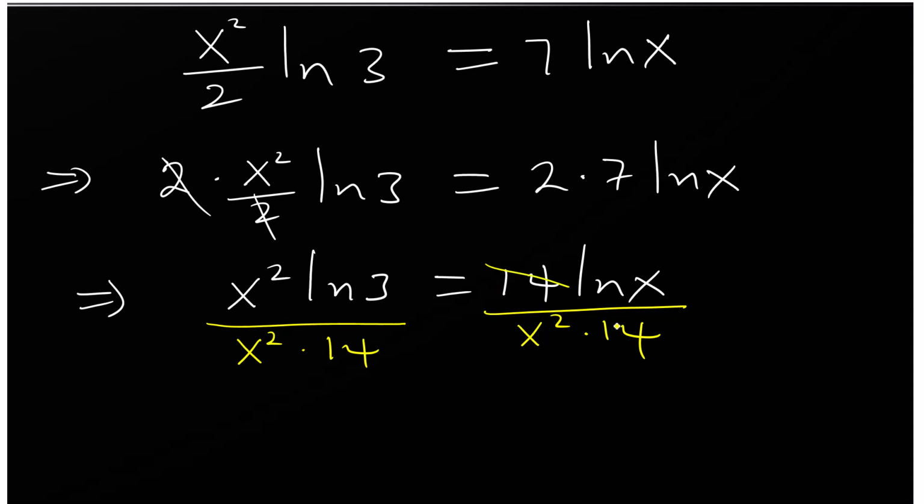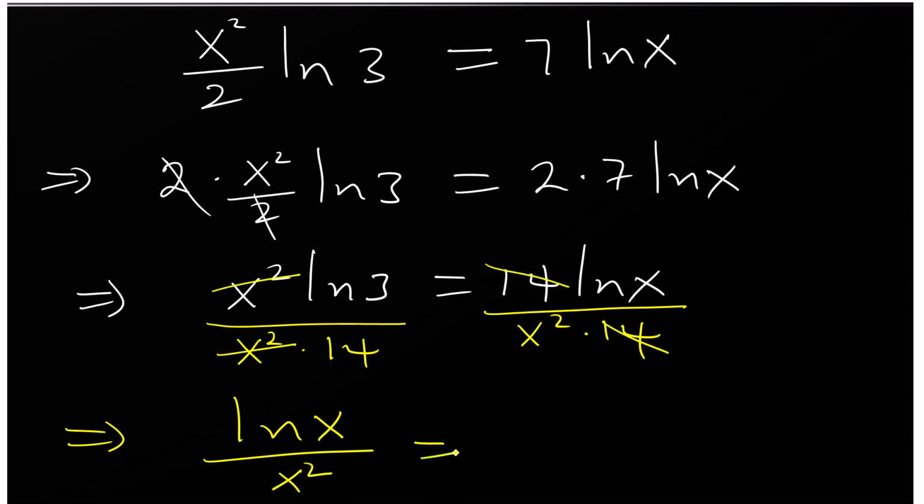So this will cancel and this will cancel. Now let me write this one on my left, ln of x on x squared, and we have ln of 3 on 14.